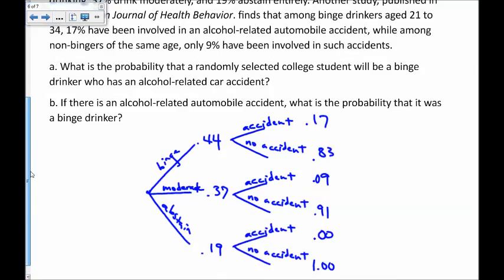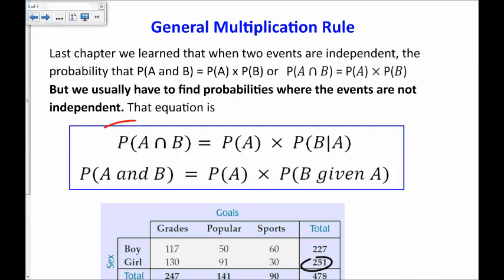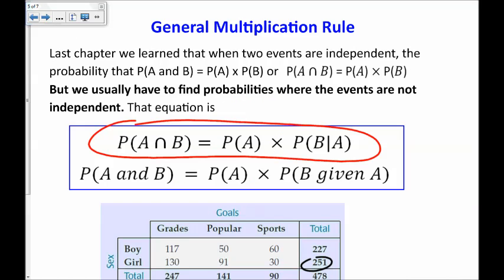Okay, so once I've organized this data, these questions become much more accessible. So what is the probability that a randomly selected college student will be a binge drinker who has had an alcohol-related car accident? So I'm looking at binge drinkers who have had a car accident. I'm looking at that part of the tree diagram and referring back to this formula. I will multiply those together.